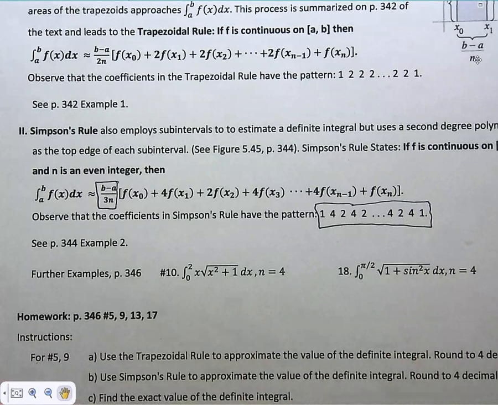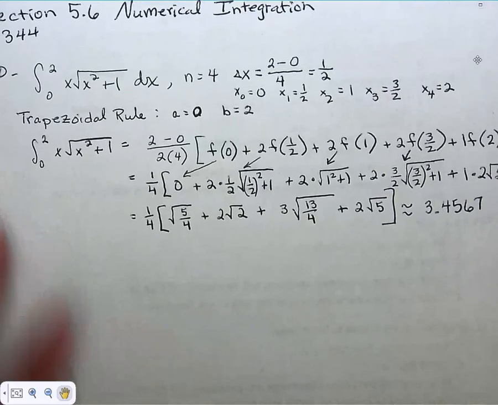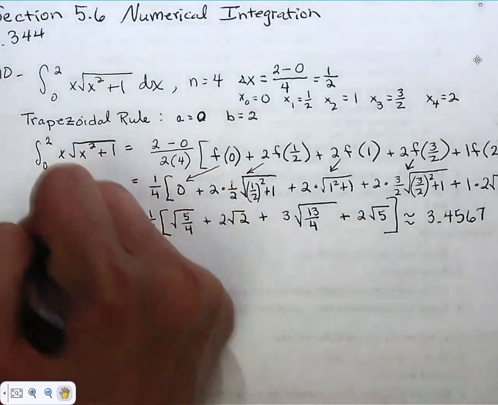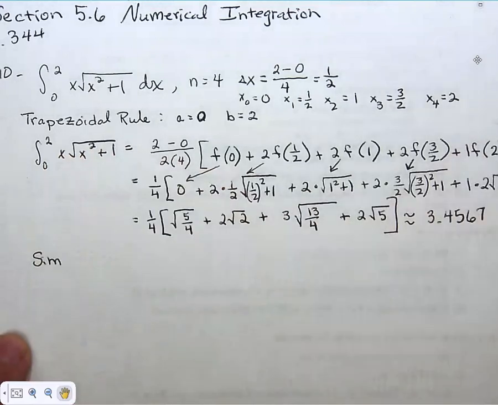So let's do the same problem we just did, number 10, by Simpson's rule. Still using 4 rectangles, well, 4 somethings.